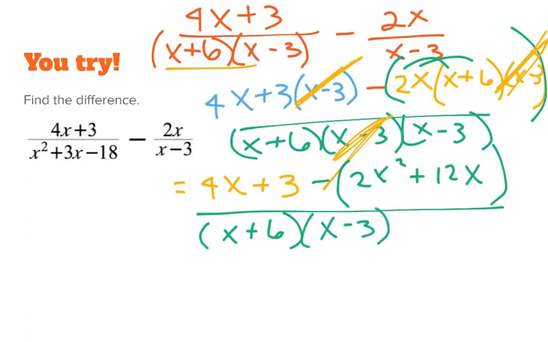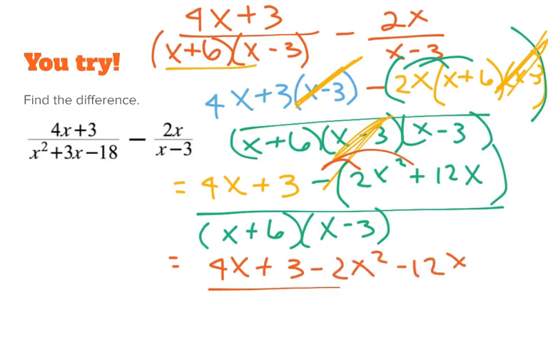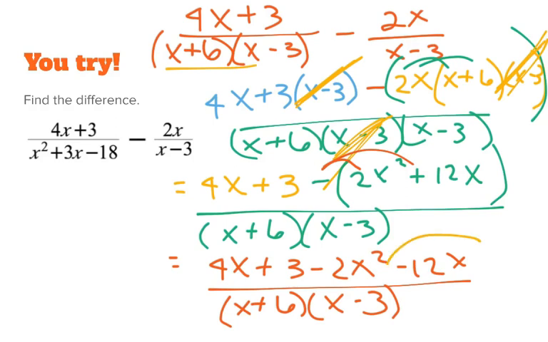Okay, so I kind of already said it, but let's distribute this negative now. I just didn't want to do too much at once. So 4x plus 3 minus 2x squared minus 12x over the same denominator. And now from here I'll just see, is there anything I can clean up in the numerator? It looks like I can put together this minus 12x plus 4x to be negative 8x.